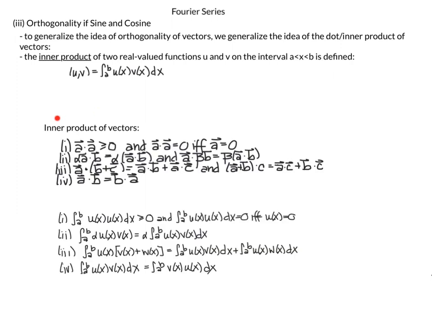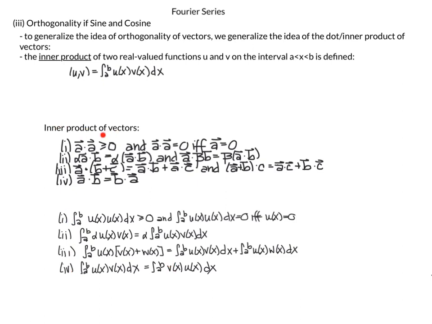You might remember inner products from vector calculus, where we defined the inner product of two vectors as the dot product, and these were the important properties of the dot product, which are the important properties of the inner product. Now that we have this integral as our definition of the inner product of two functions u and v, we can see that it satisfies the same four properties of an inner product.